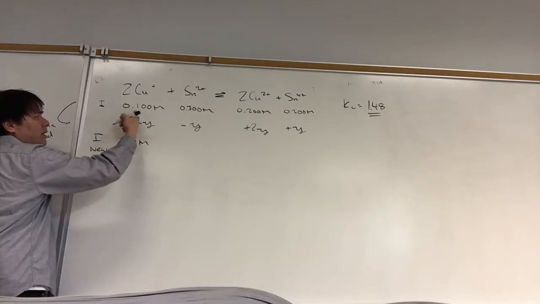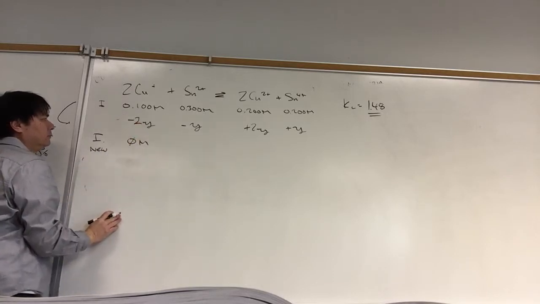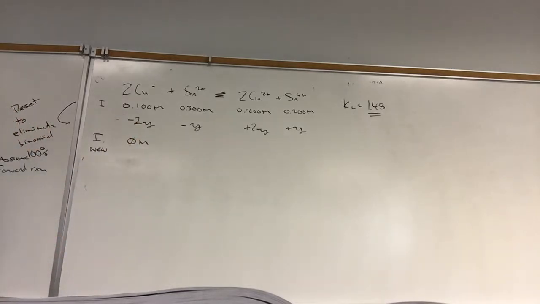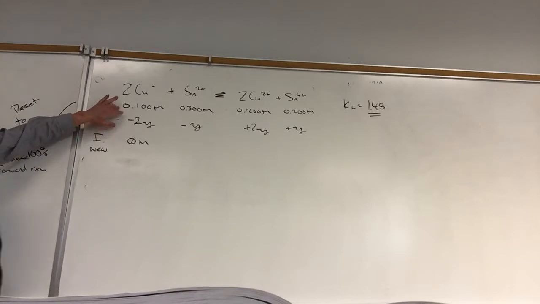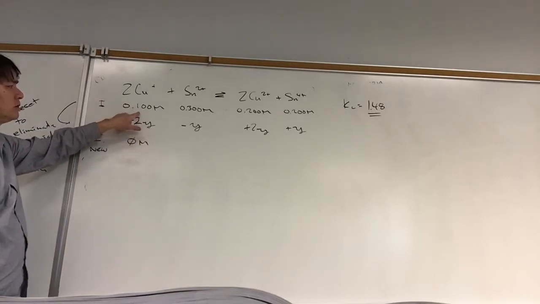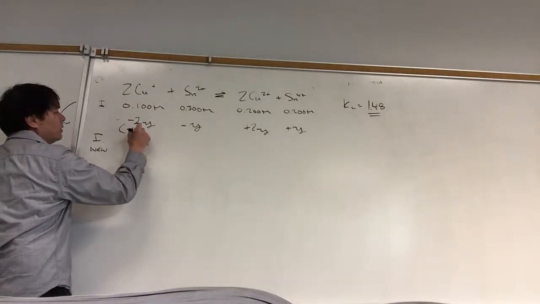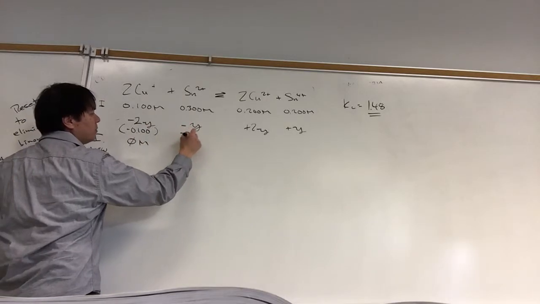And so this tells me that 2y is equal to 0.100. And so if 2y is equal to 0.100, then y must equal 0.100 divided by 2. And so this is minus 0.100. This is minus 0.05.